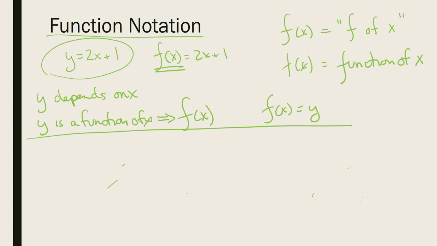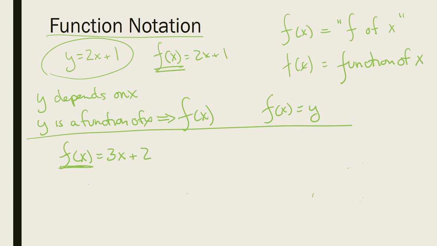So if I have a function f of x equals 3x plus 2, what that is saying is that I have some y value that is a function of x, and the function is found by multiplying x times 3 and adding 2.